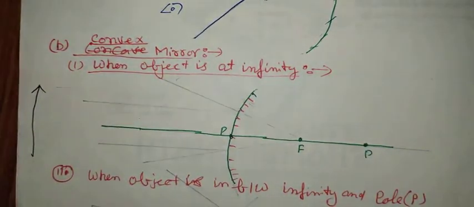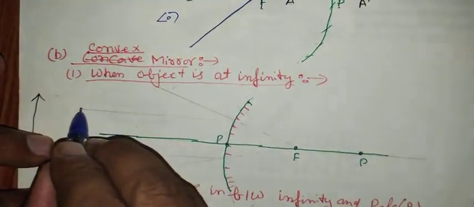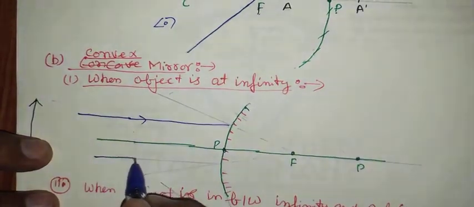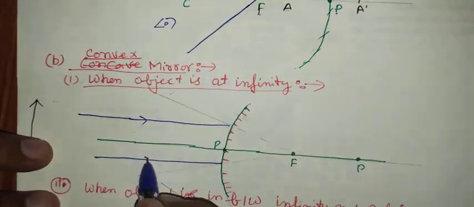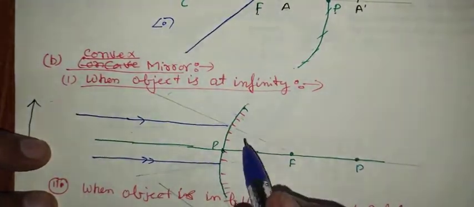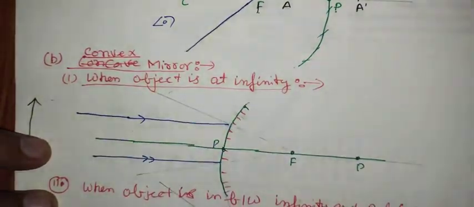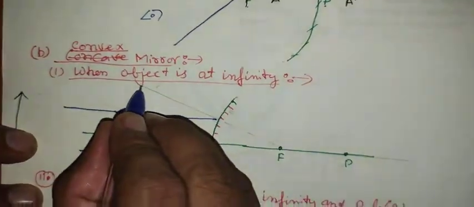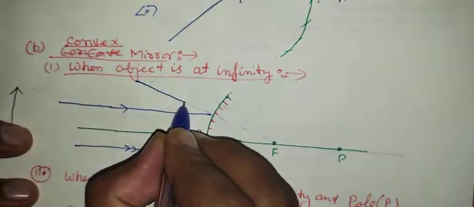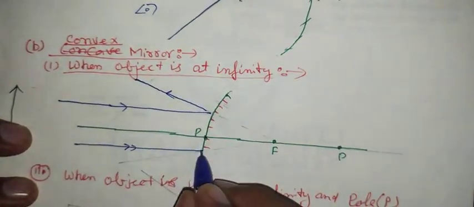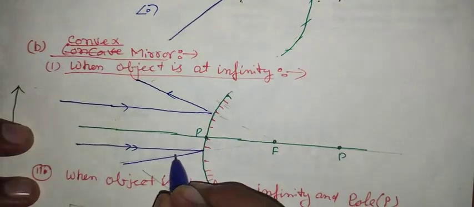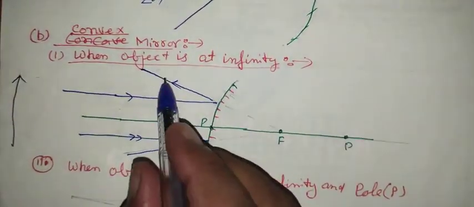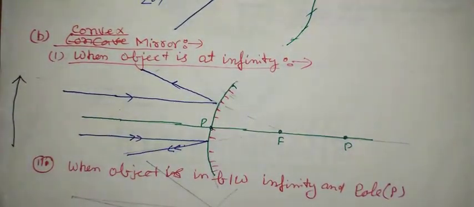And for the formation of image we are going to take 2 rays. Both rays in this case we take parallel to the principal axis. We know a convex mirror has the property to scatter rays, so they are reflected on the same side. The phenomenon of reflection takes place and the distance between the two rays increases.